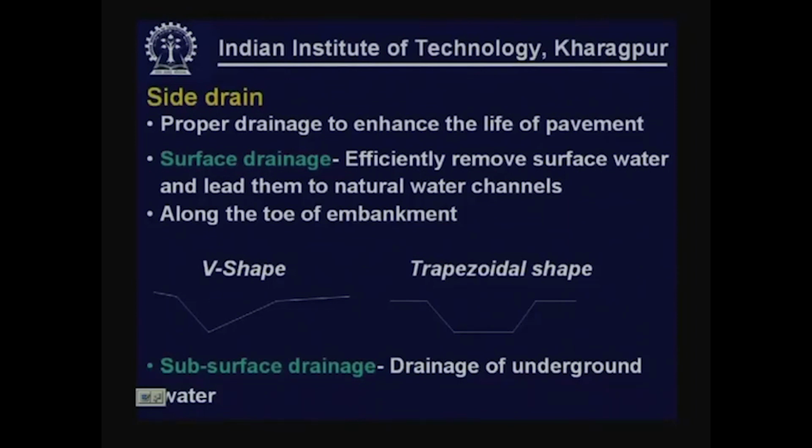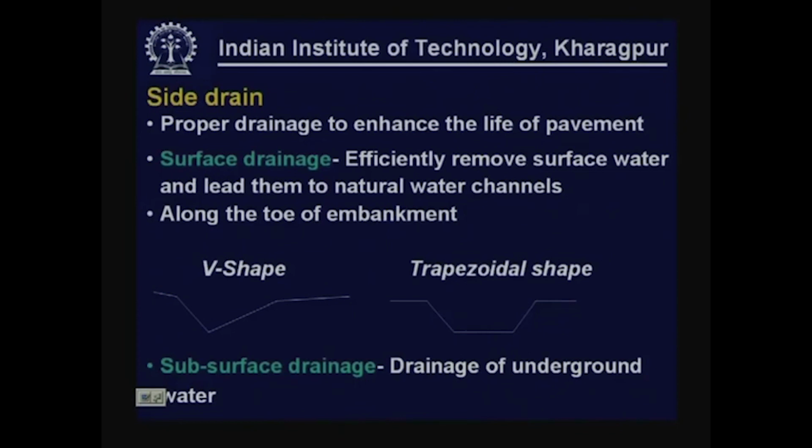Side drains, proper drainage of water is essential. We have talked about the camber, but also one has to look into the need for surface drainage and subsurface drainage. Surface drainage is required to efficiently move surface water and lead it to natural water channels.